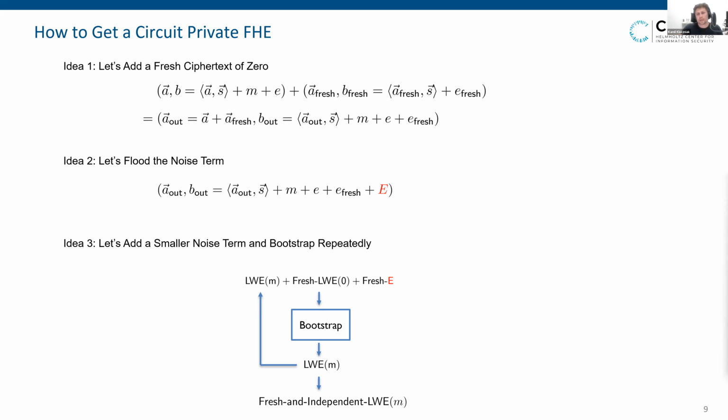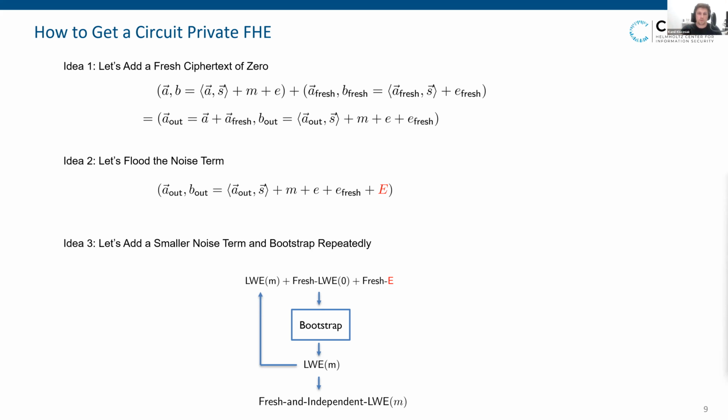The downside of this method is obviously that we need to run bootstrapping many times. And bootstrapping is in itself relatively expensive. But also they left a serious analysis of their parameter choice for future work.